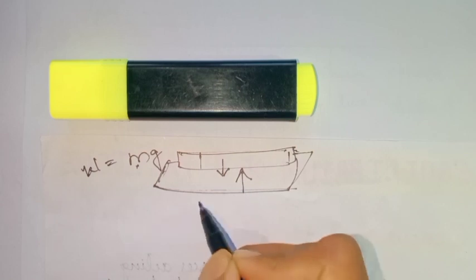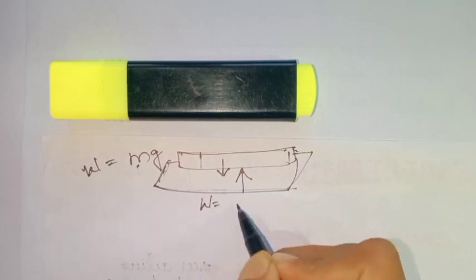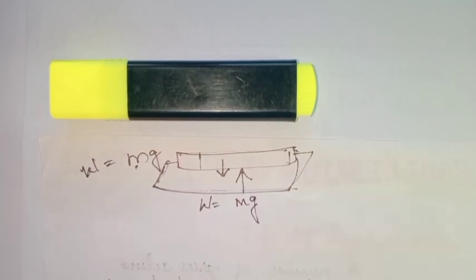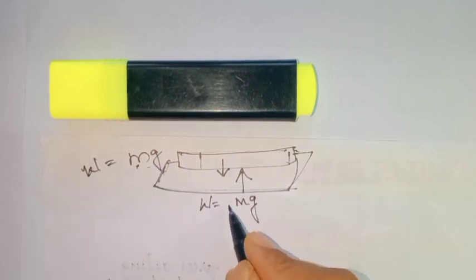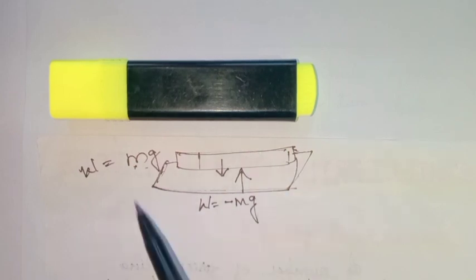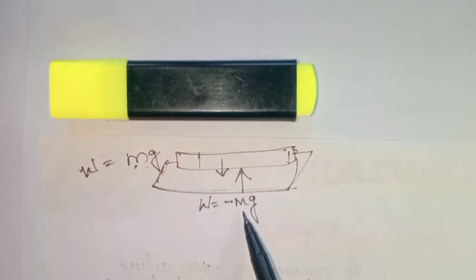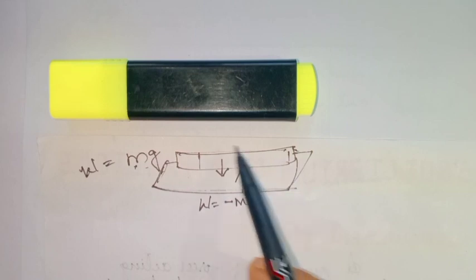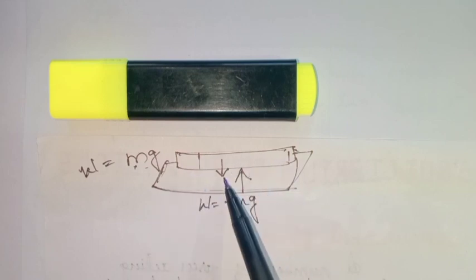The upward force is the same weight W = mg in magnitude, but as it is in the opposite direction, it is minus mg. Then if you calculate the total force, plus mg and minus mg cancel each other and hence it is 0, so the object is balanced.